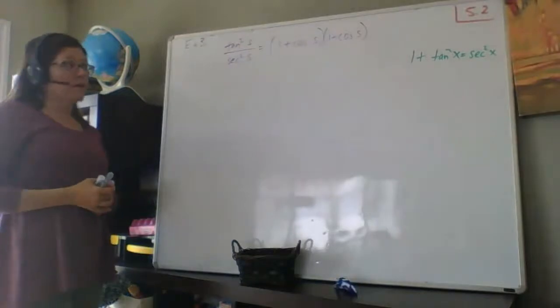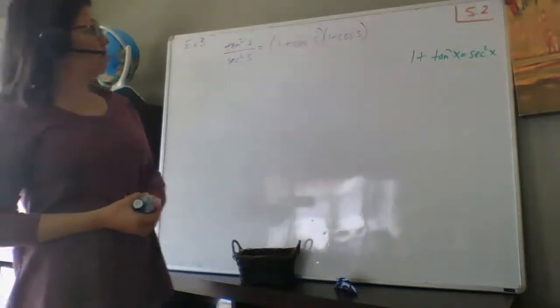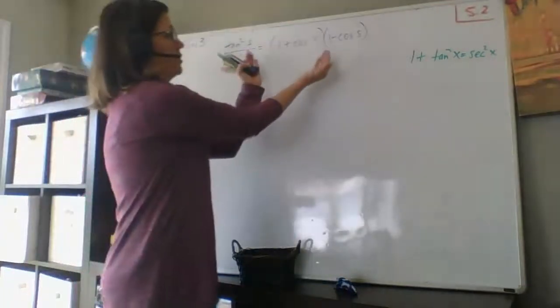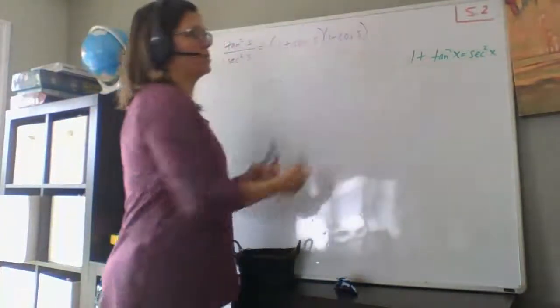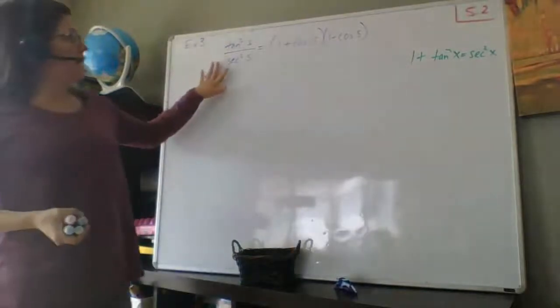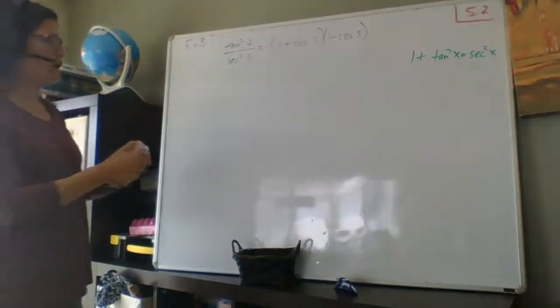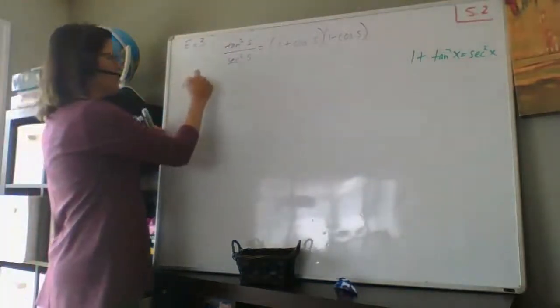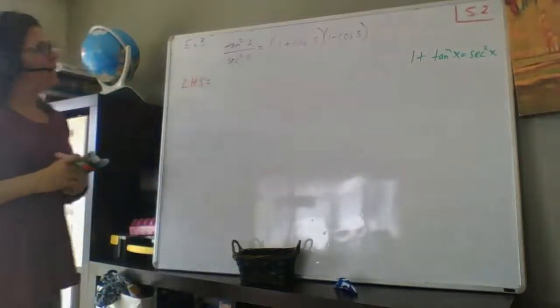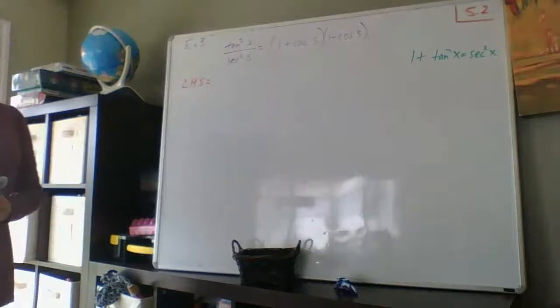Example 3. Tangent squared s divided by secant squared s equals 1 plus cosine s times 1 minus cosine s. Since the left-hand side does in fact have a fraction, we will start with that because that usually indicates a more complicated side. What we might notice right here is we have an option.